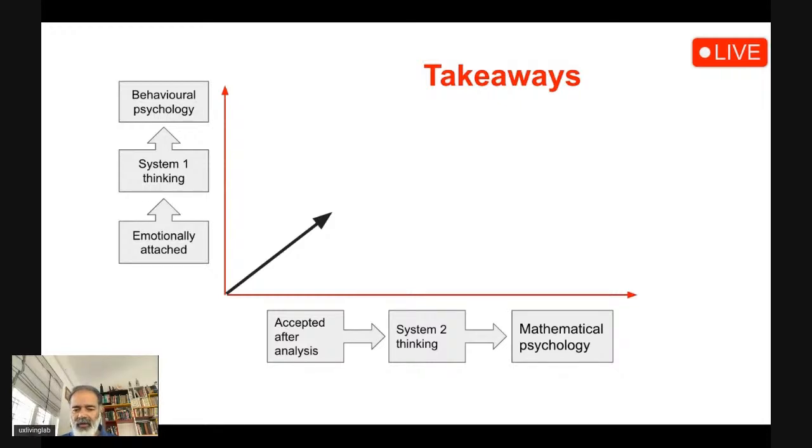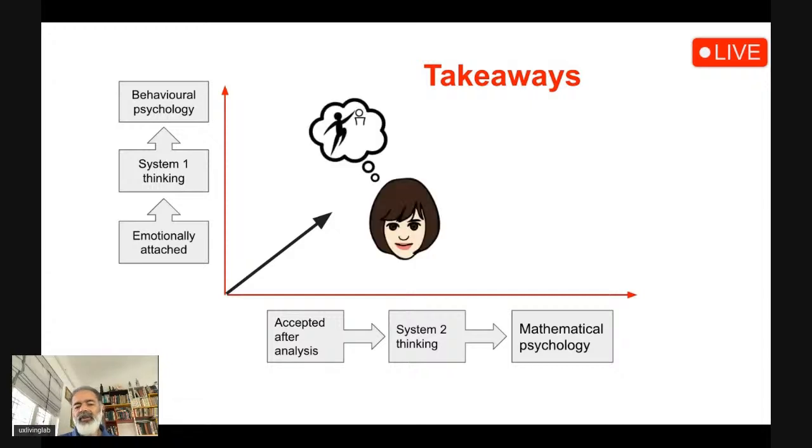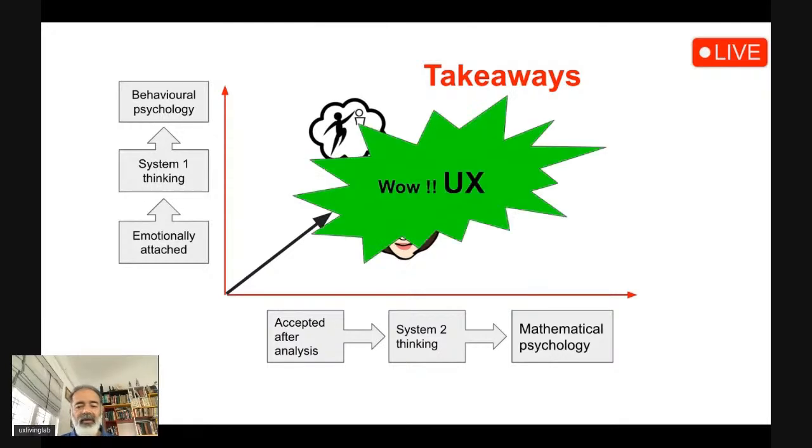As a UX designer, you have to find the match between these two aspects of the thinking process, then enter the consumer's visual space: how the consumer visualizes the usage of your product and brand. If your UX design reaches that level, of course, that's a great UX design. Okay, this is the takeaway.